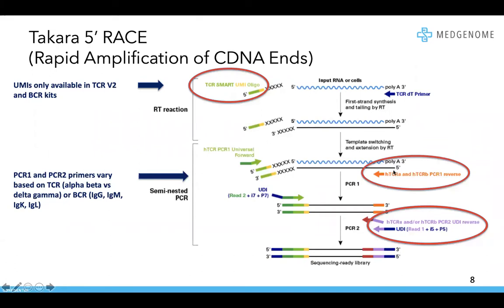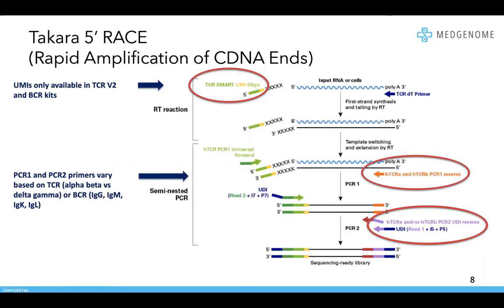So you end up with a first-strand cDNA that's synthesized that has a non-template tag on the 5' end and a non-template tag on the 3' end. And since we know these, then we can use this to do PCR to amplify the cDNA.